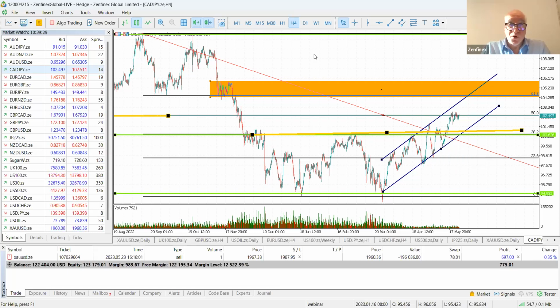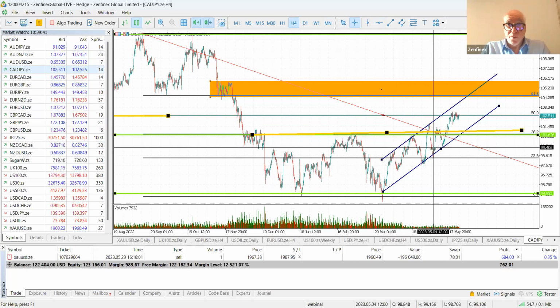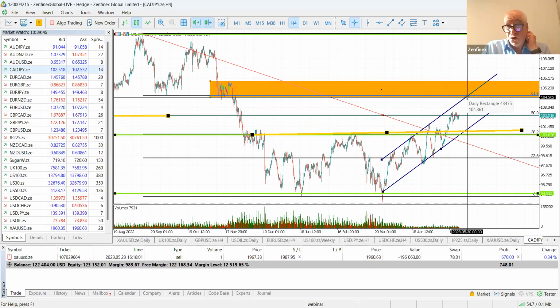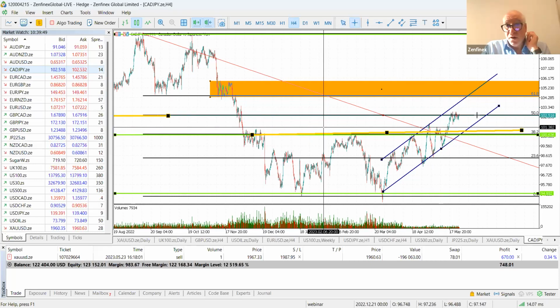It completely broke away from this resistance here, right? So we had resistance, resistance, resistance, broke through it, couldn't really get much grip on that, came back down, and then it started in this upward channel, particularly after breaking this support.